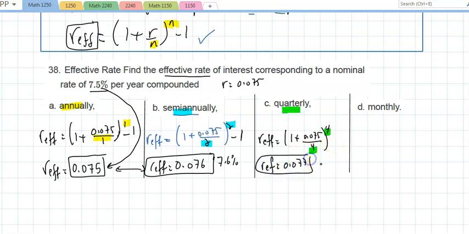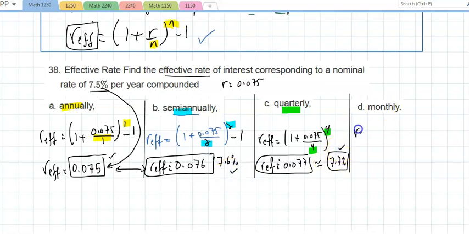So this bank is giving you roughly about 7.7% instead of 7.5%. So if you put $100, you'll get $7.50 right there. Here you get $7.60. Here you get $7.70.